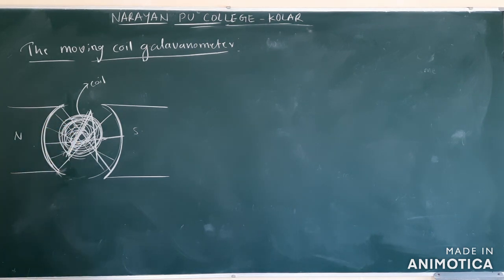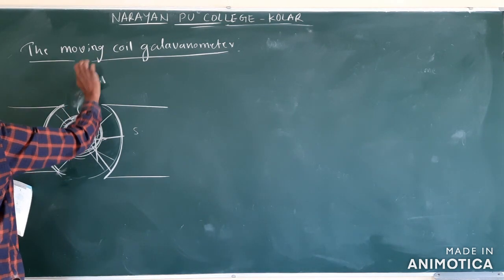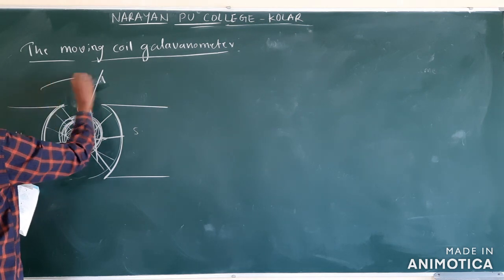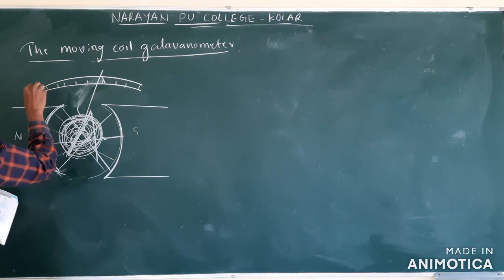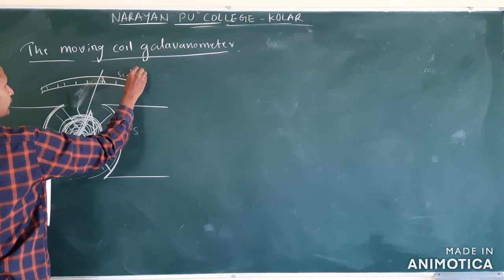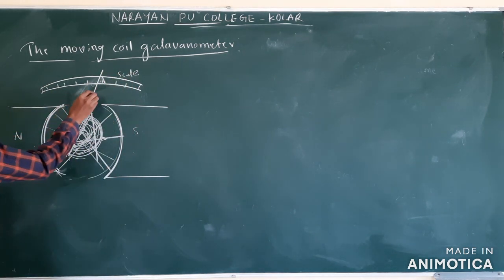For this frame, we have a pointer that will show the reading of deflection on the scale.